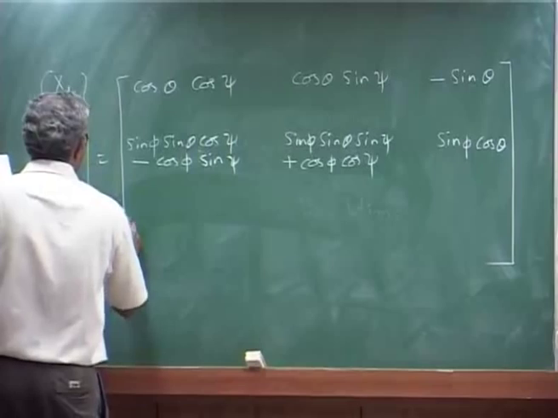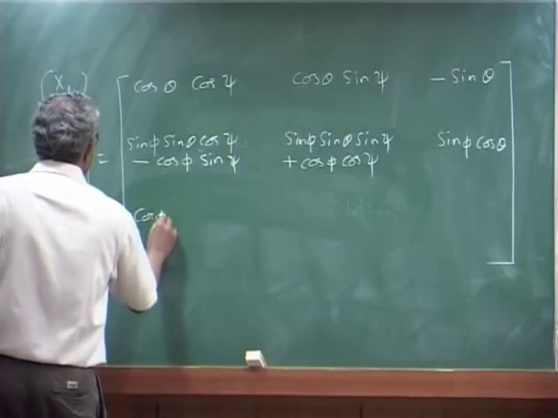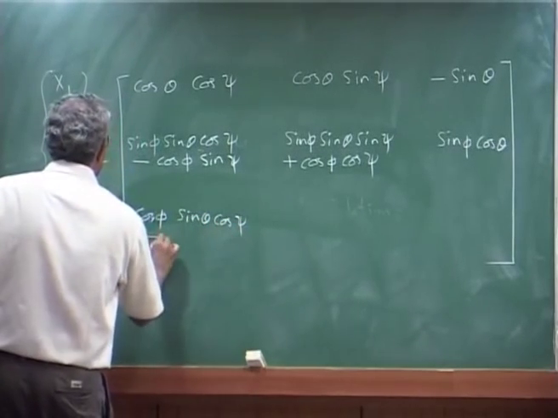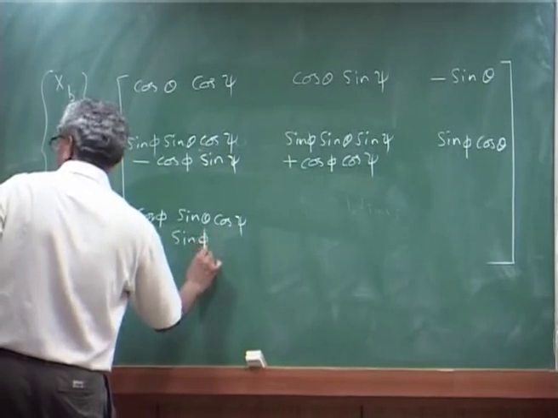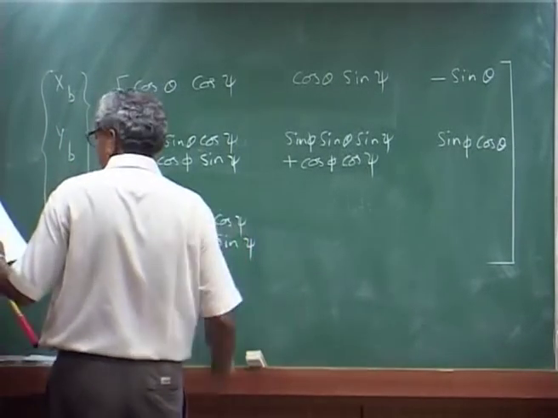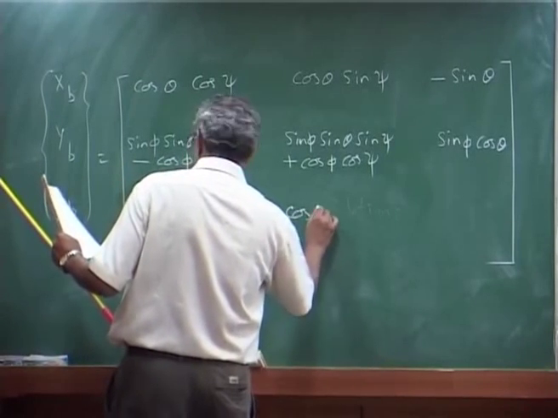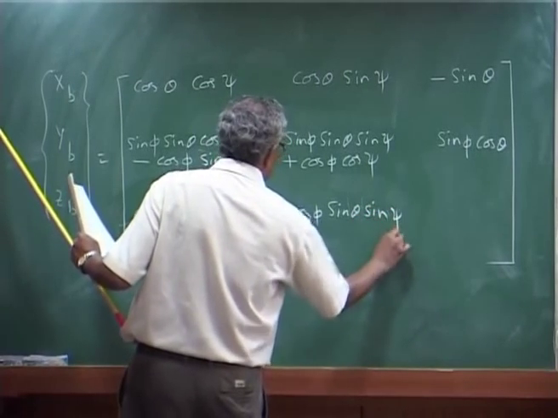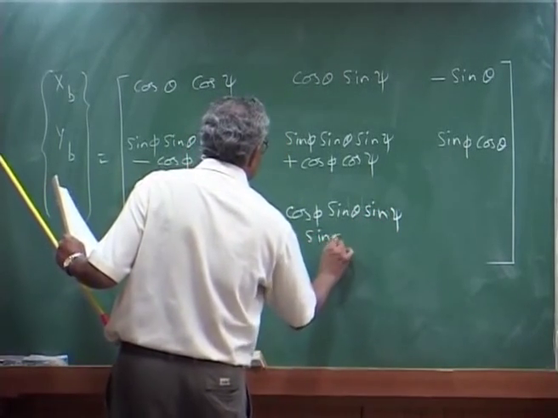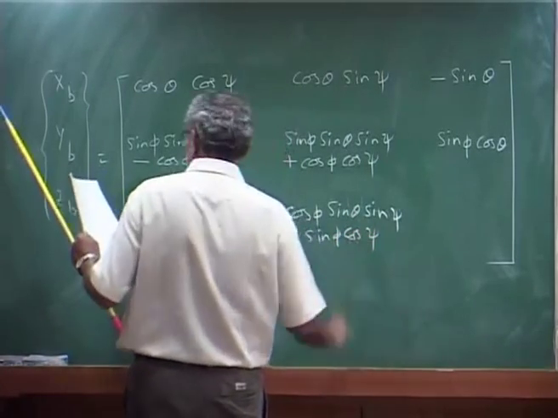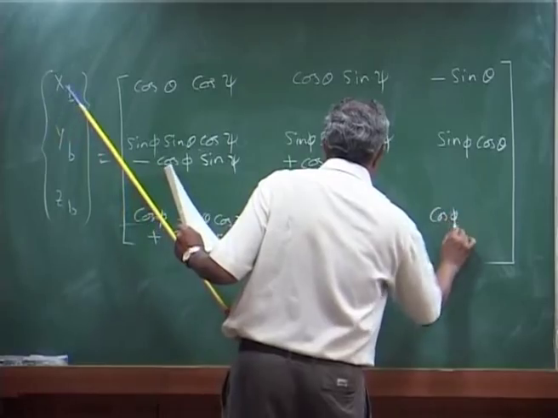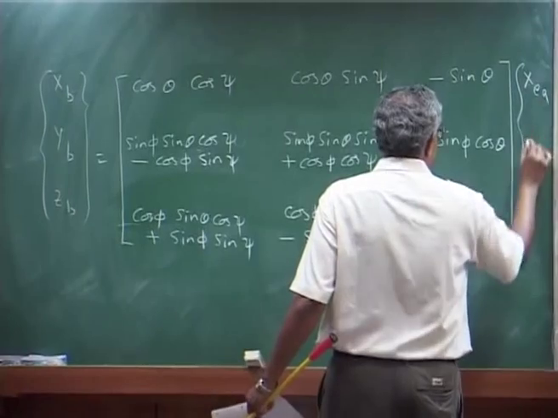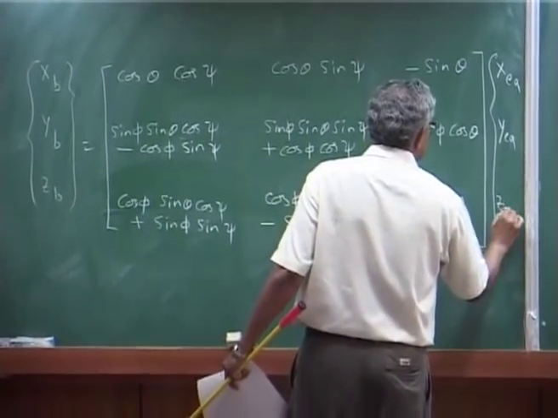The third row is cosine phi sine theta cosine psi plus sine phi sine psi, cosine phi sine theta sine psi minus sine phi cosine psi, and cosine phi cosine theta.